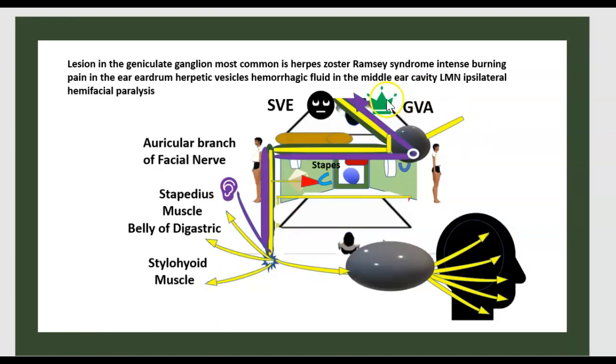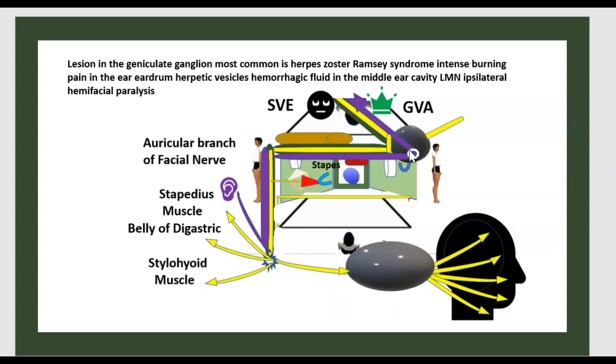From the trigeminal nucleus, GVA goes to the geniculate ganglion and synapses. From that synapse, the postsynaptic fiber goes to the ear, and this synapse is the location of reactivation of herpes after a primary infection of herpes.